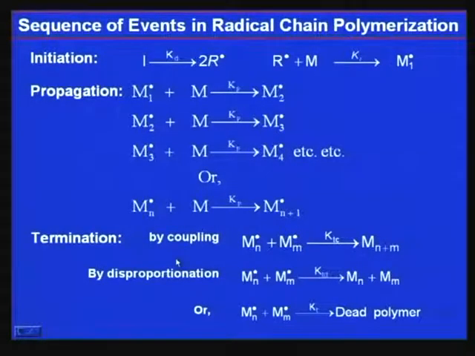Now, that termination occurs in two ways. In the system there are many growing chain radicals. This is one growing chain radical represented by Mn dot, meaning n number of monomer molecules are there in the chain, n may be 5000. At one end there is a free radical. Similarly, you can have another chain bearing a free radical at one end having m number of molecules.